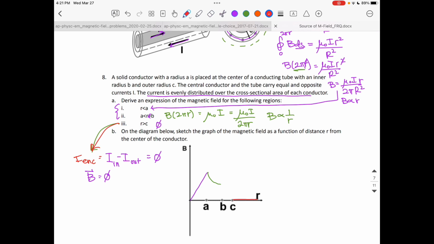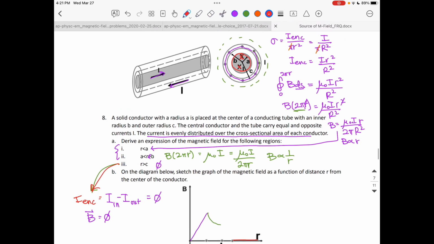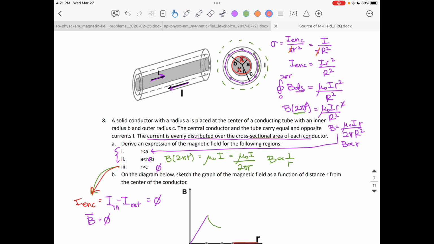Okay, so what happens in between B and C? Now that's a really tricky question, and what we want to think about is the fact that because the current is uniformly distributed, we have to figure out I enclosed.